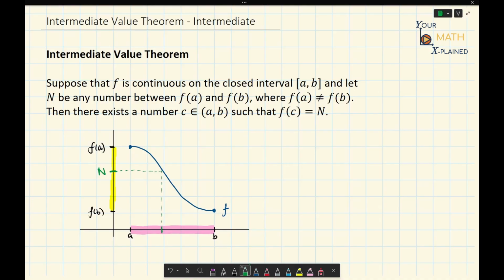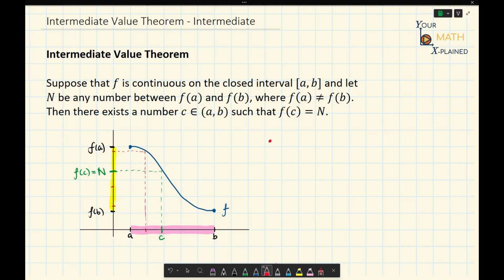So this is going to be our c, because n in that case is going to be f(c). So as you can see, we could have picked our n to be here, or here, or here. As long as it's in between f(a) and f(b), we will always be able to find a c such that f(c) is equal to n.